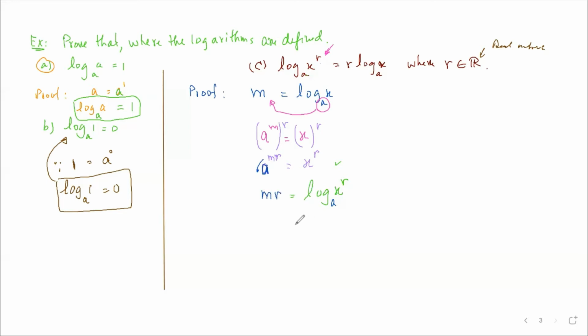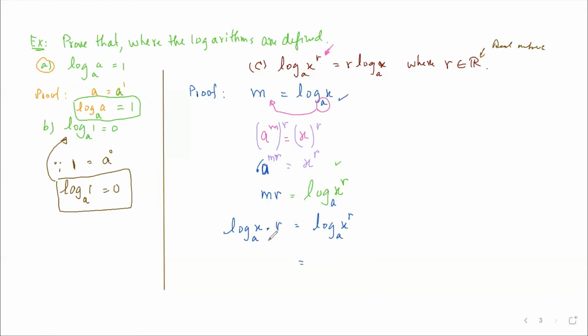Right now we replace m with log x base a. So I write down log x base a times r, equal to the right hand side, log x power r base a. So this one is the same already, correct?